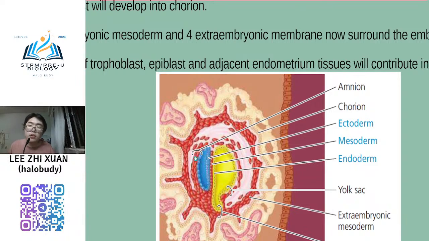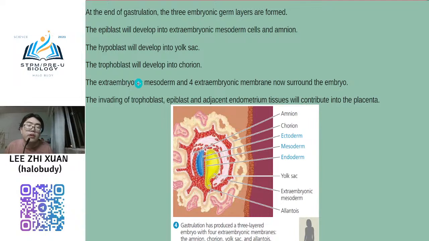It is considered one type of extraembryonic membrane too. The extraembryonic mesoderm and four extraembryonic membranes now surround the embryo. And the trophoblast in particular will contribute to the placenta. You need to know that the origin of the placenta is the trophoblast. This is a keyword.